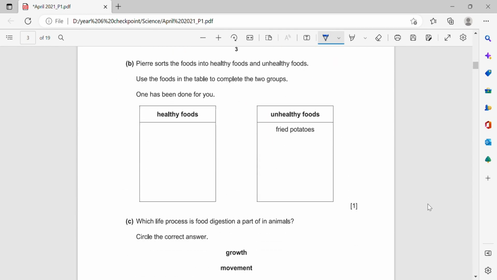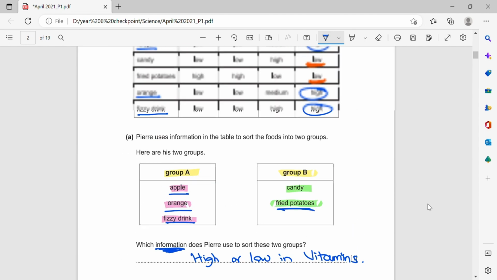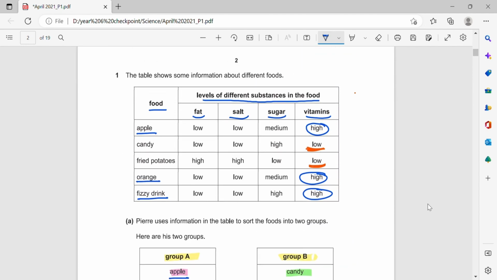طيب. Pierre sorts the foods into healthy foods and unhealthy foods. Use the foods in the table to complete the two groups. One has been done for you. Regarding unhealthy, it's written fried potatoes. طب healthy, what should we write here? What's healthy? Apple is healthy. Orange is healthy. Okay, what's unhealthy?